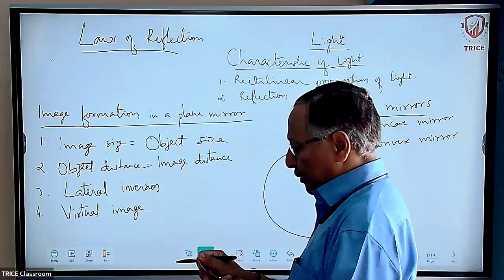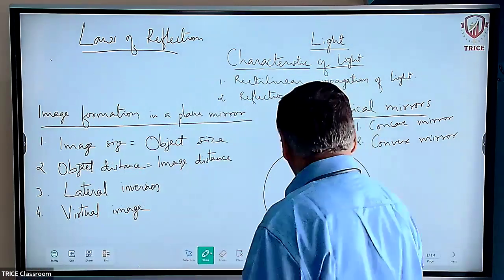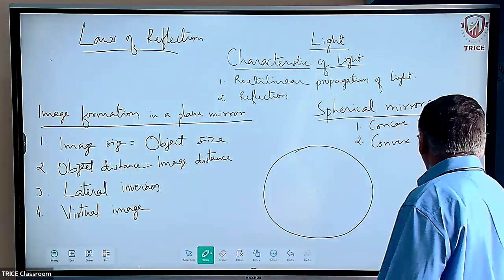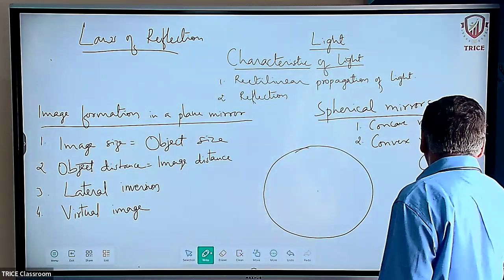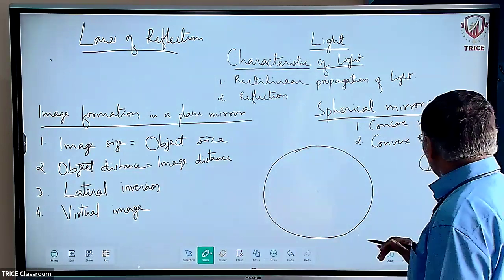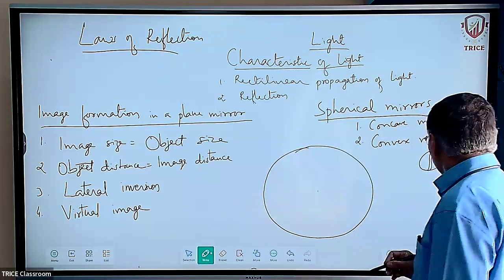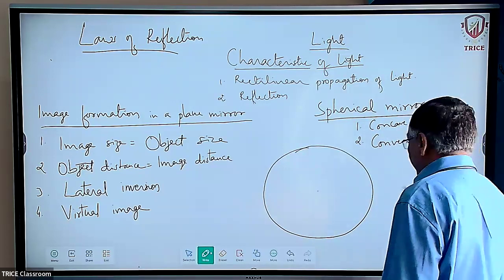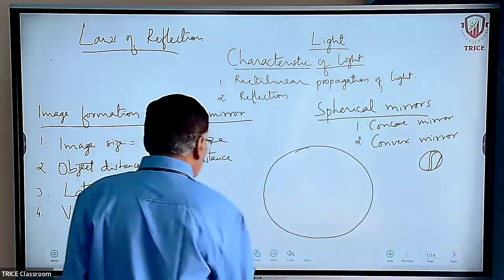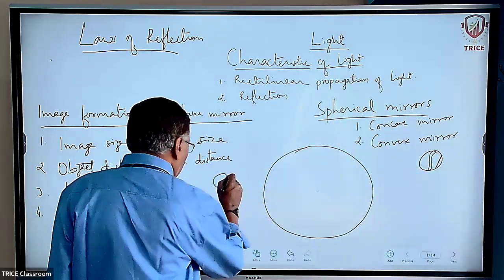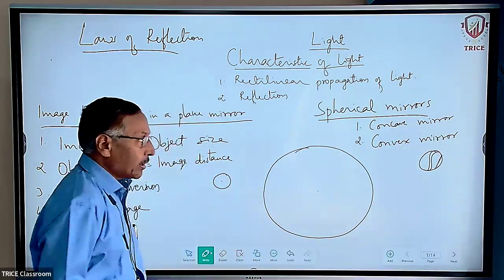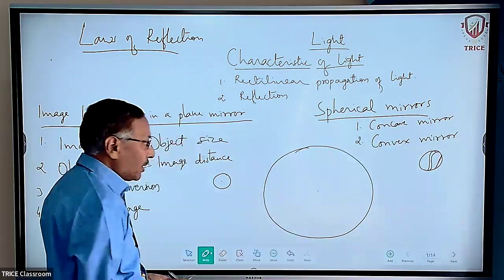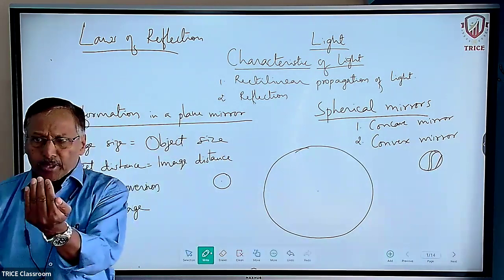Now, simple example. So this is a sphere. Say, for example, a ball, right? This is a spherical object. Now, if you cut a small piece of this ball, it will also appear round. Is it not? If you cut a small portion of the ball from the side, and if you turn it, it will also appear round.